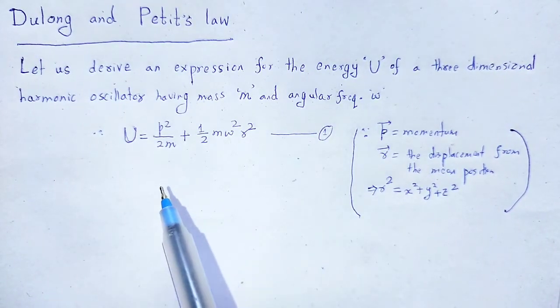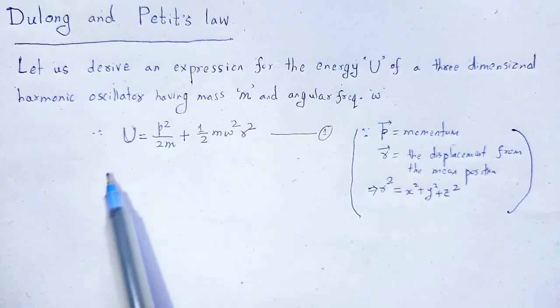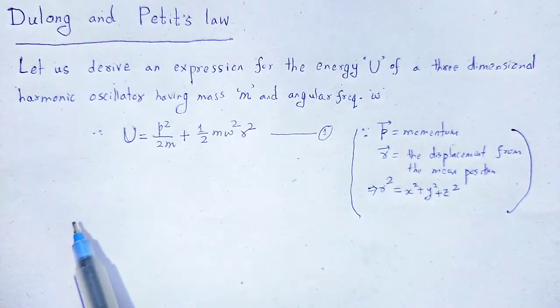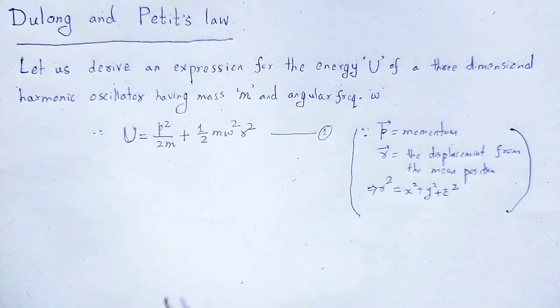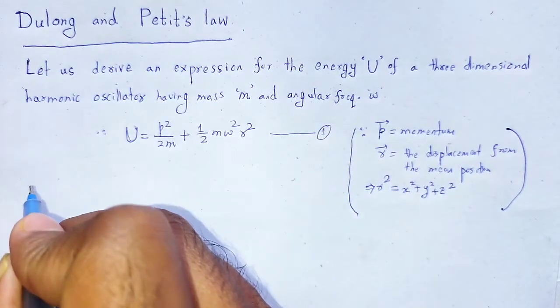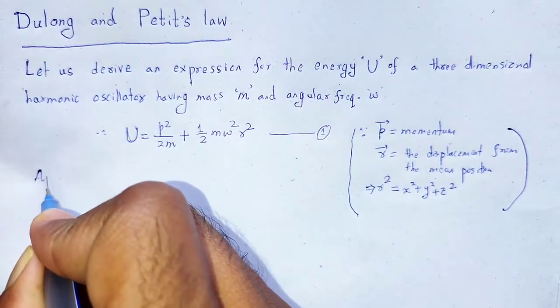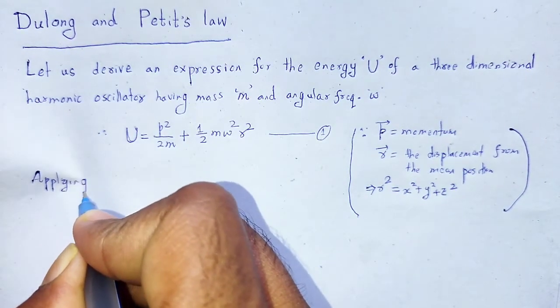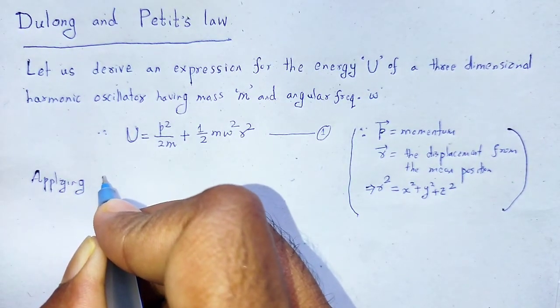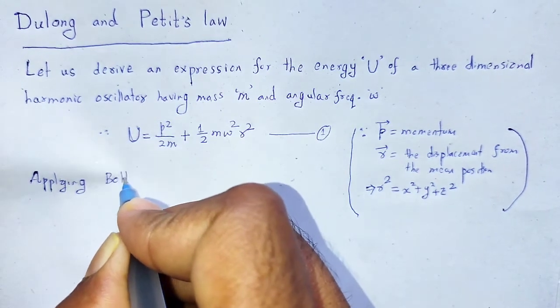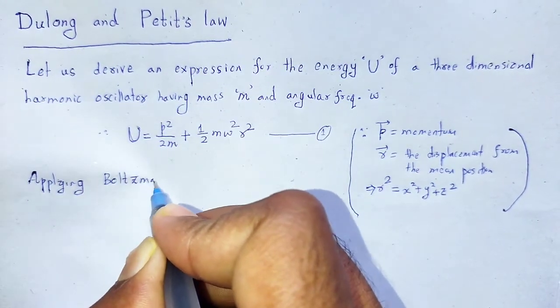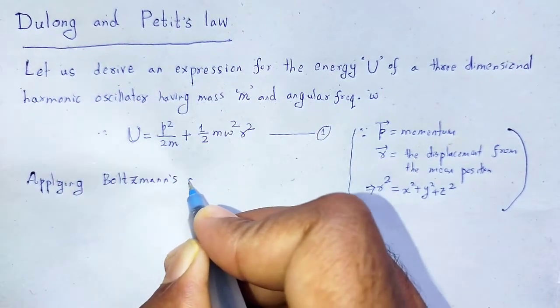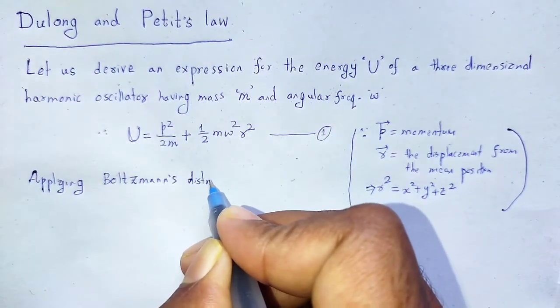Now we have to calculate the average energy. The average energy can be calculated by applying Boltzmann's distribution law.